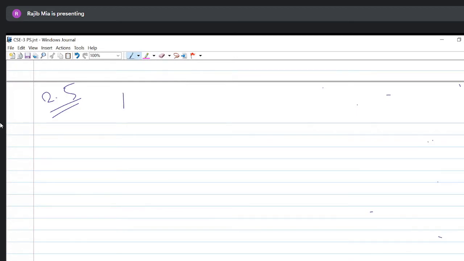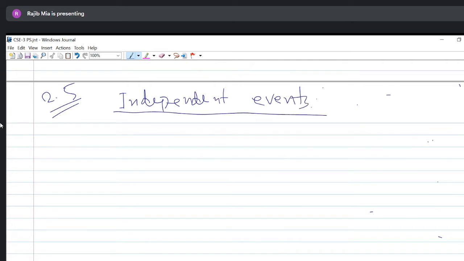The next point, five, events. When we say that two events A and B are independent, the probability of one event does not depend on the occurrence or non-occurrence of the other event, right?